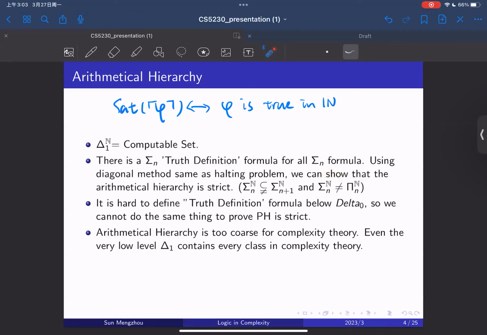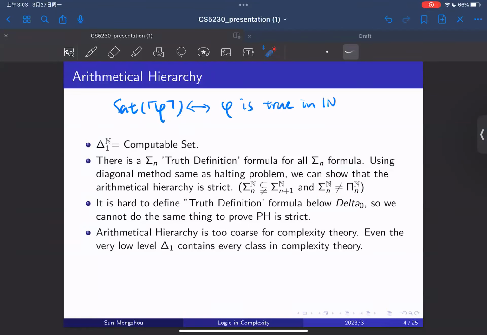But the problem is if we want to consider something like the polynomial hierarchy, it is hard to define this truth definition formula below delta 1. So we cannot do the same thing to prove that the polynomial hierarchy is strict.